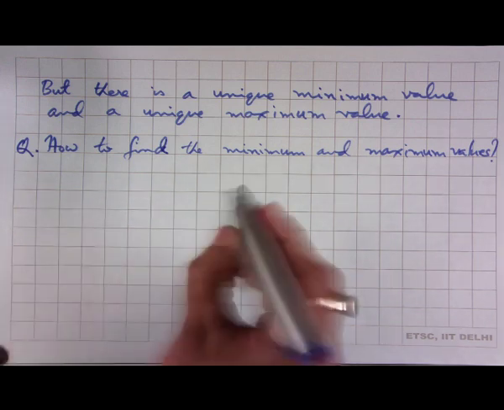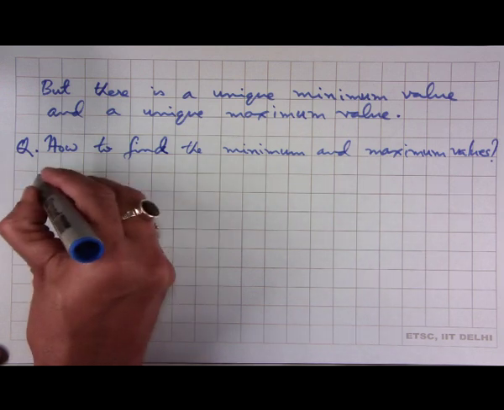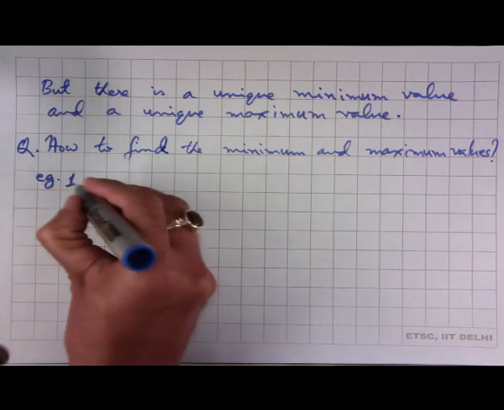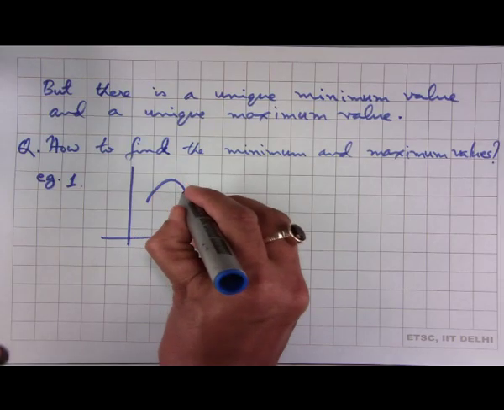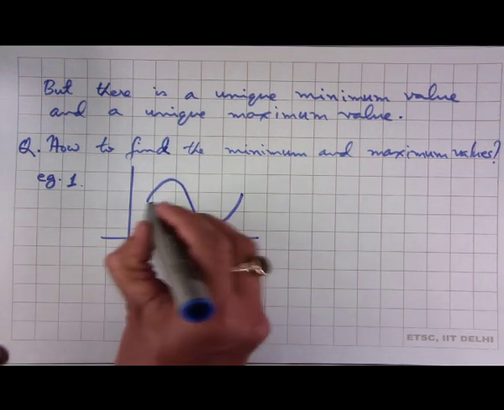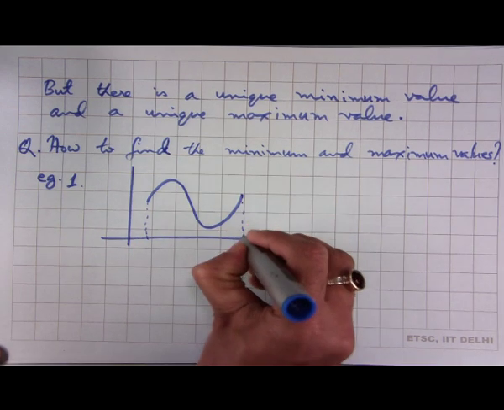So, let me give some examples. Example 1, suppose we have this function on an interval [a, b].